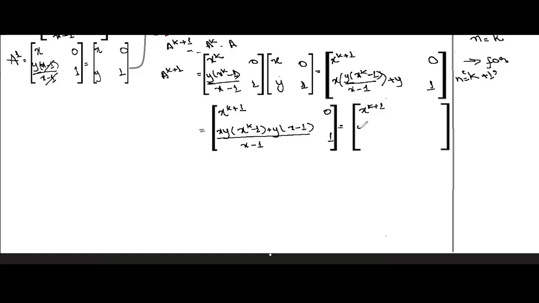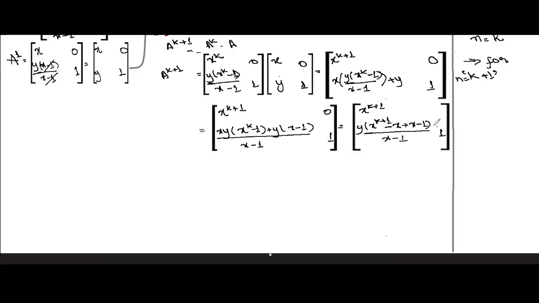So y into x raised to the power k into x gives us x raised to the power k plus 1. Then minus x into 1 gives us x minus x, plus, now y is taken as common over here, whole common. So we are going to write just what's in the bracket over here, plus x minus 1 whole divided by x minus 1.